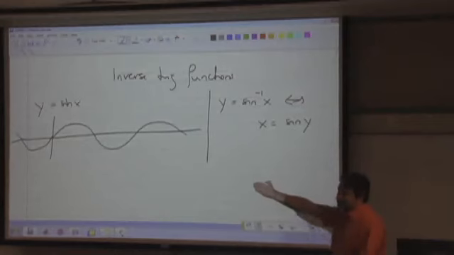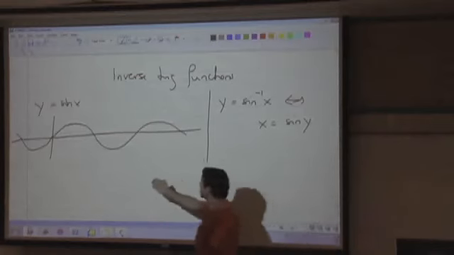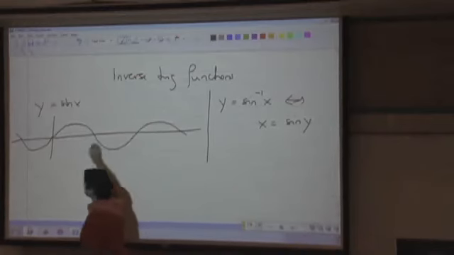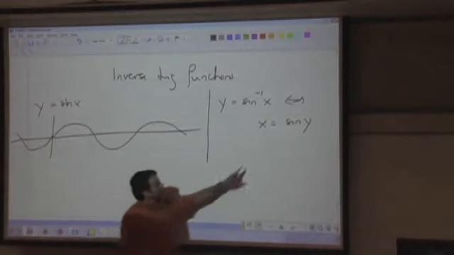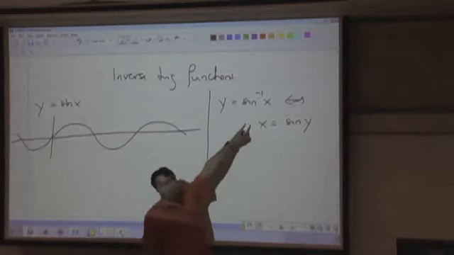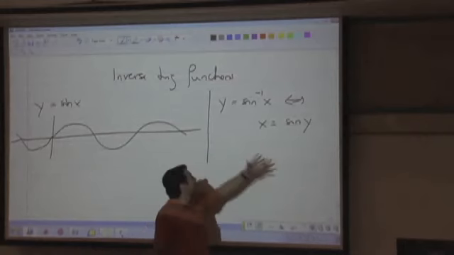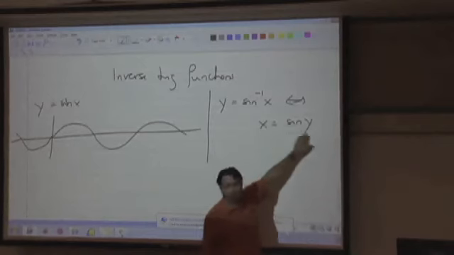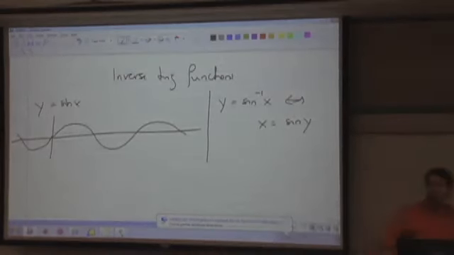I'm hoping everybody sees that it doesn't pass the horizontal line test. It would cross the graph in an infinite number of places. Which means this only makes sense if I put some sort of restriction on x, or better yet on y, since this is defined in this fashion. So what should the restrictions on y be for me to actually talk about a one-to-one function?